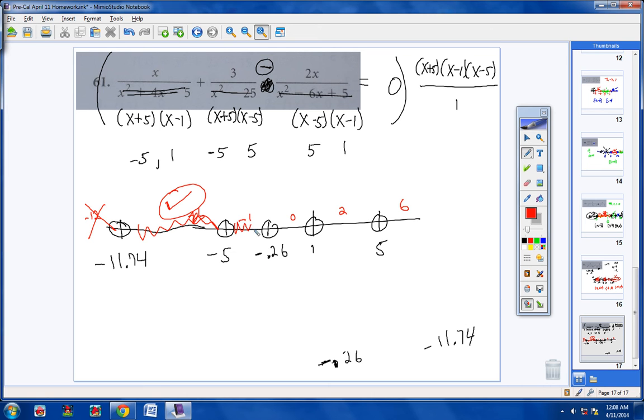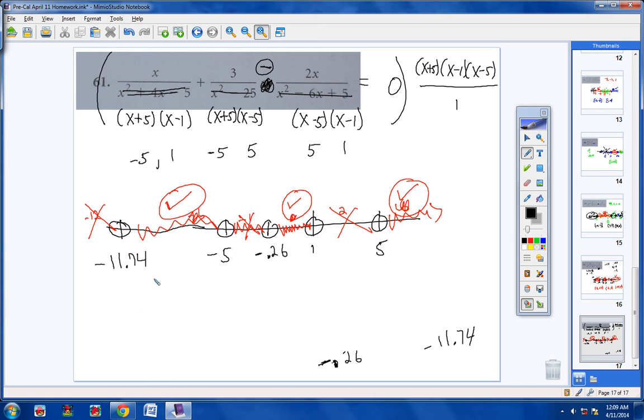This region right here would not work. I'm looking at my work carefully. And then this region from negative 0.26 to 1 would work, so a check mark here. And then the region from 1 to 5 would not work, but this region right here would work, so check mark. Okay, so we have 3 different sections for our answers.